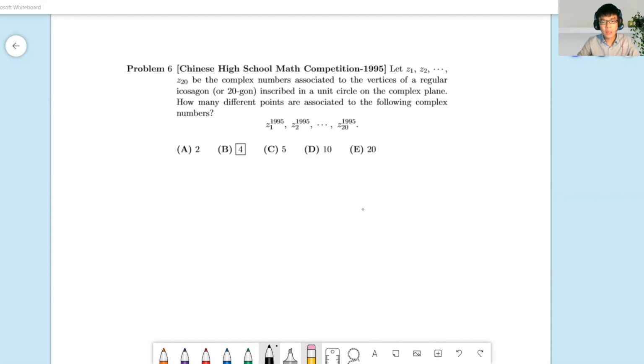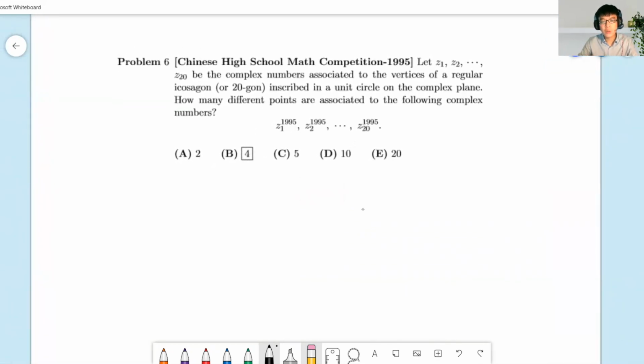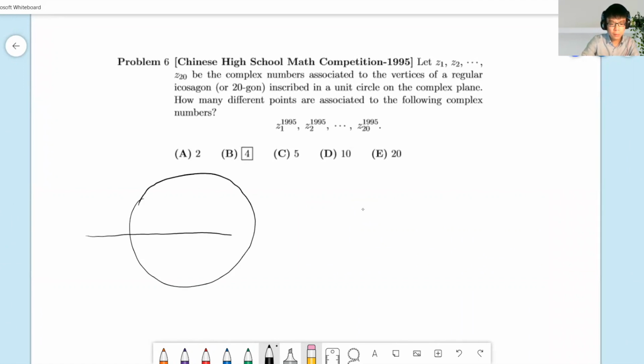So here, let's try to express these vertices, because we have a regular 20-gon inscribed in the unit circle. Let's mark the first vertex here in the first quadrant.